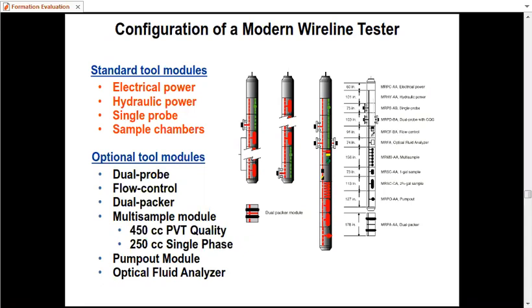And sometimes you have to add optional tool modules like dual probe, flow control valve, dual packer in case you have a tight zone or a tight formation, and multi-sample modules to get a downhole sample in single phase, and also in the actual phase in the reservoir, and also the pump out module if you have to get more samples, and sometimes you have to release and dump your sample in the borehole, and also the fluid analyzer.